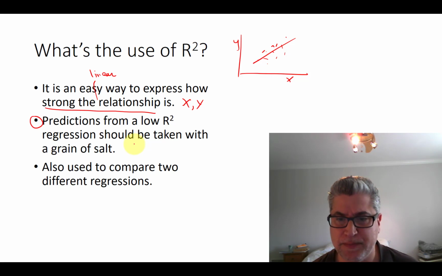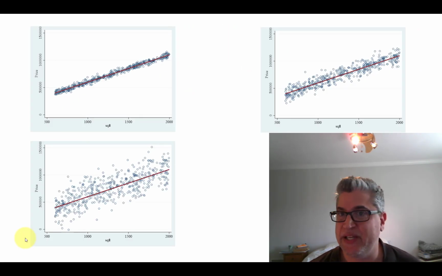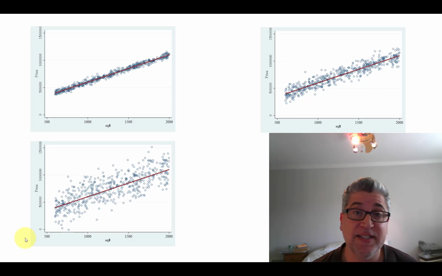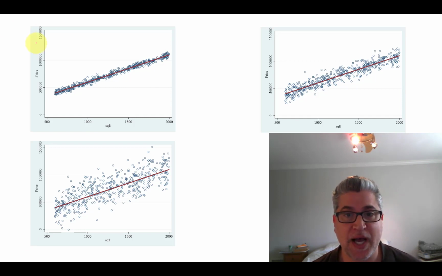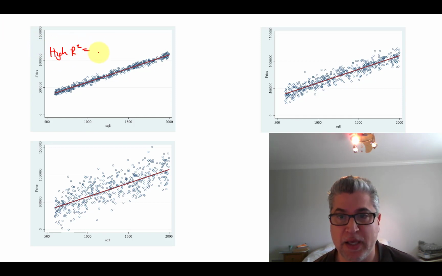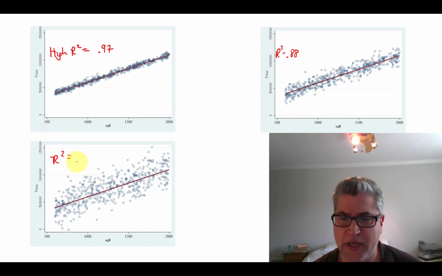Let's go back a few slides. The estimated slopes and intercepts from these 3 scenarios are identical, but this one had a high R squared. This one was something like 0.97. This one was 0.88. And this one was something less, I think closer to 0.60. So you don't actually need to look at the scatter to know which scenario you prefer.